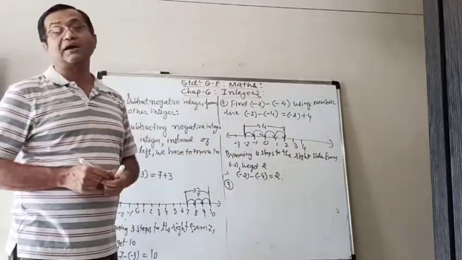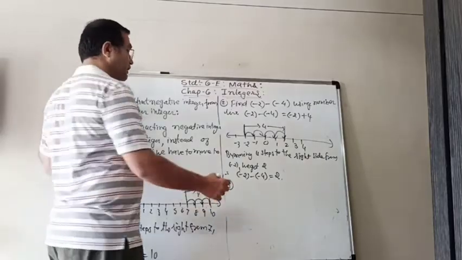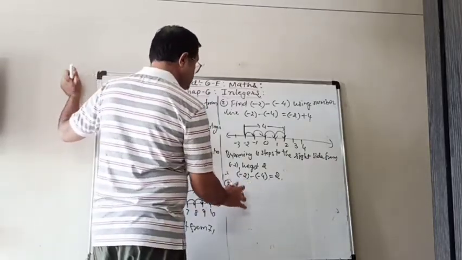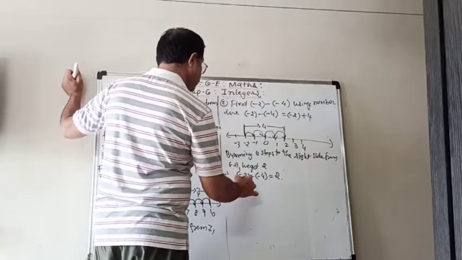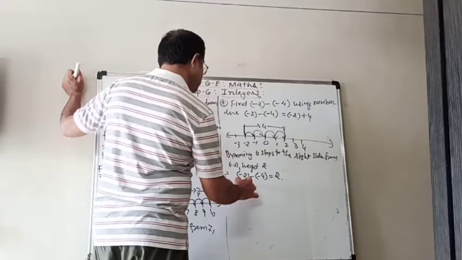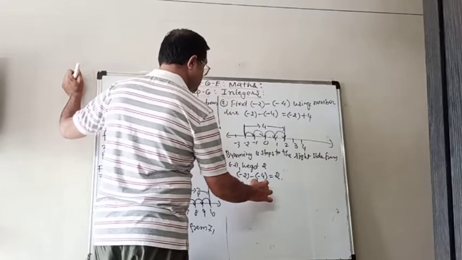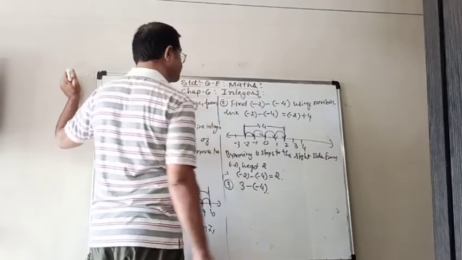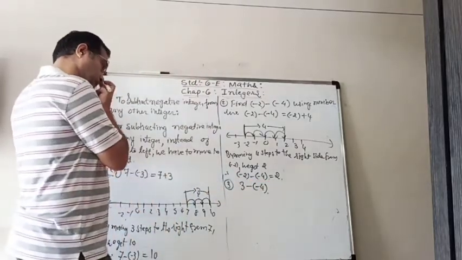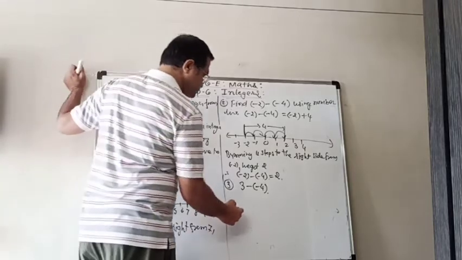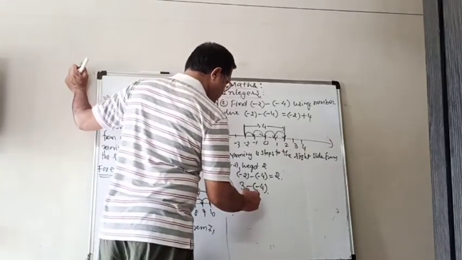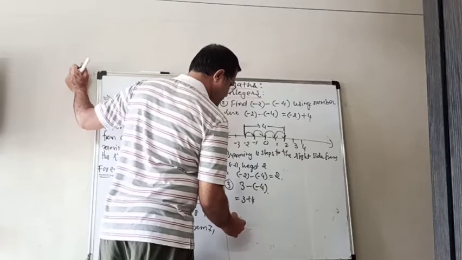Let's make it more clear with another example. Let's take up 3 minus minus 4. So here, 3 minus minus will be plus.